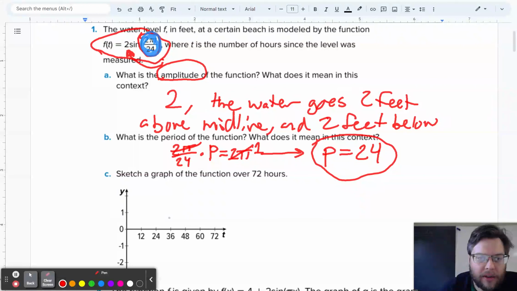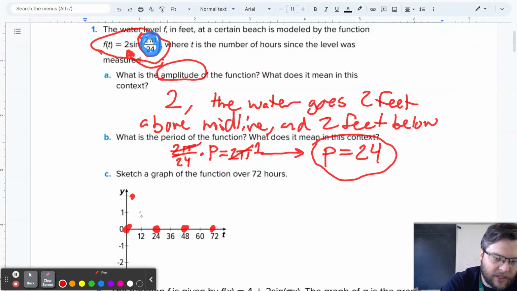Okay, now it's a sine graph, so I know it starts at 0. It has an amplitude of 2, and the period is 24. So I know it's going to be back here at 24, at 48, and at 72. I also know that sine graphs go from the middle to the top and then back to the middle in half of a period.